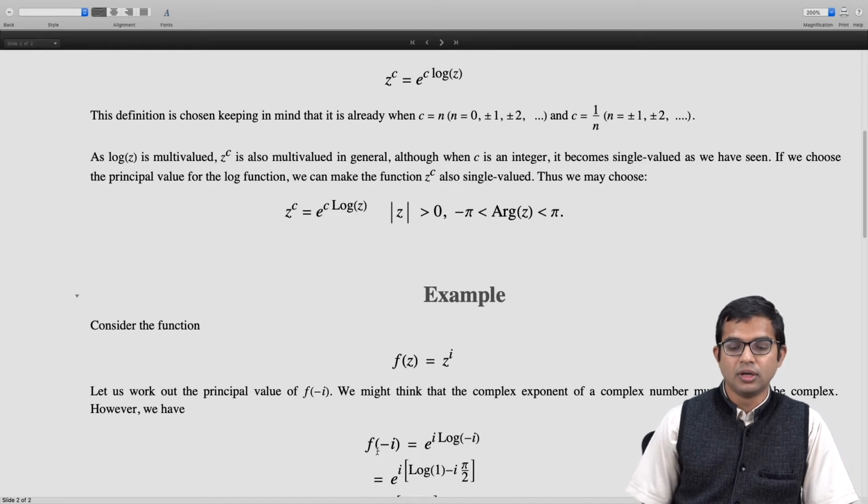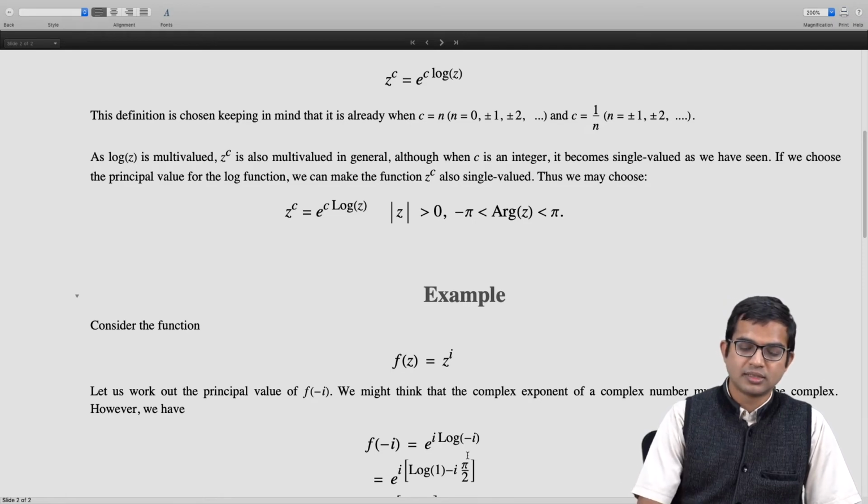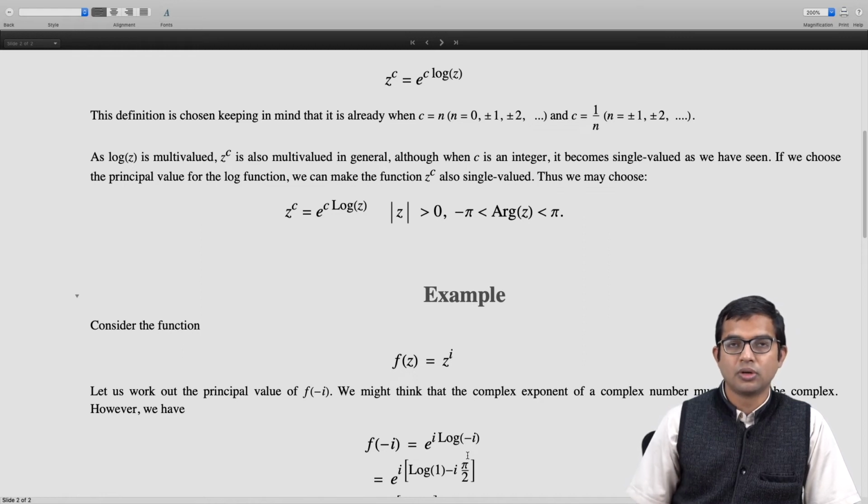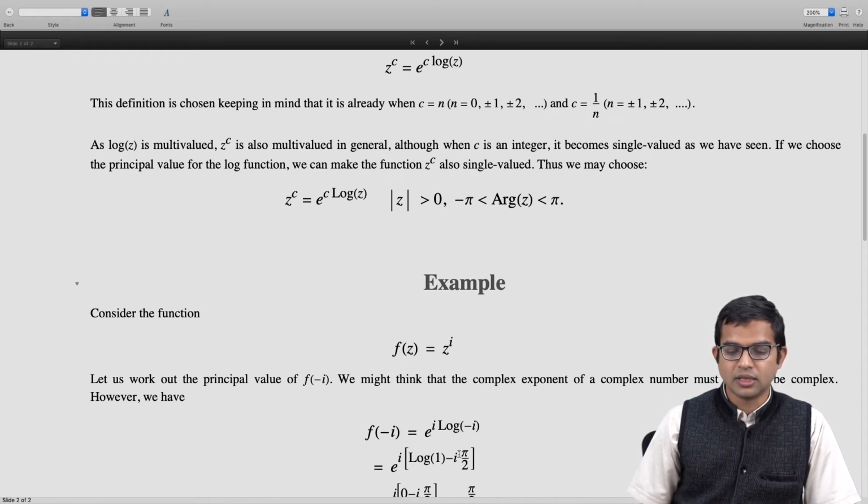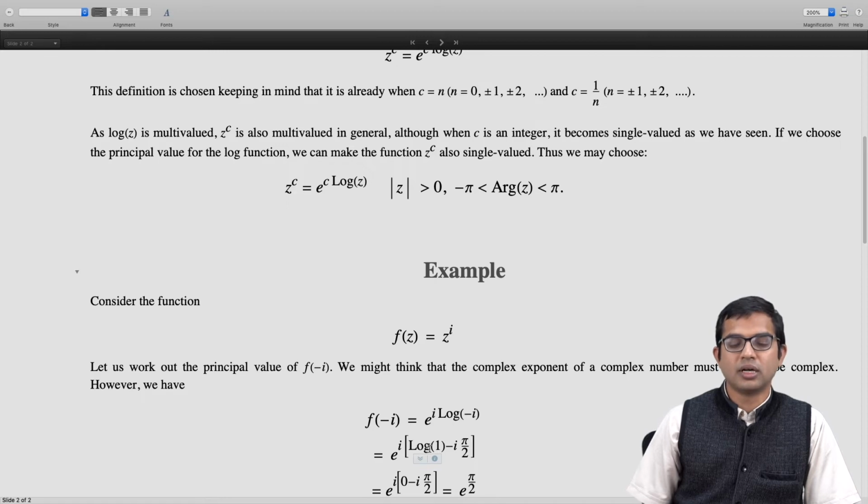If I want to compute f of minus i, I have to do e to the i times capital LOG of minus i, and to compute the log of minus i, I have to first put the modulus of this, which is log of 1, minus i times pi by 2. So if it is minus i, then we can ascribe an angle of minus pi by 2 for this quantity, and so then we see that log of 1, right?